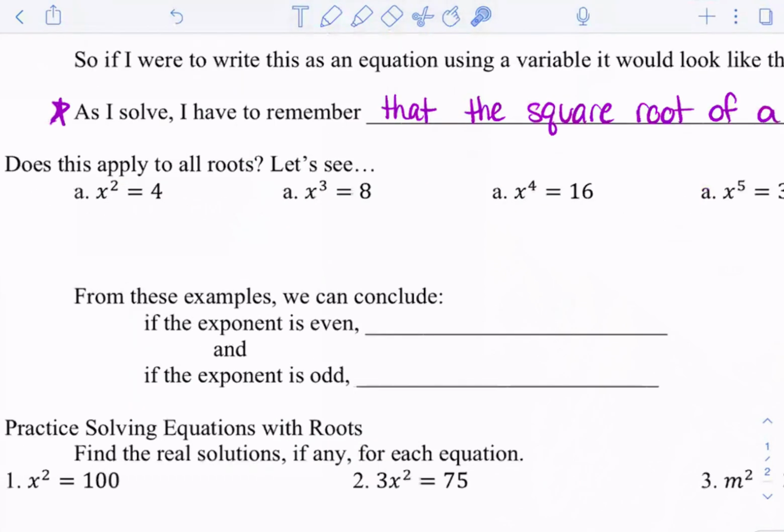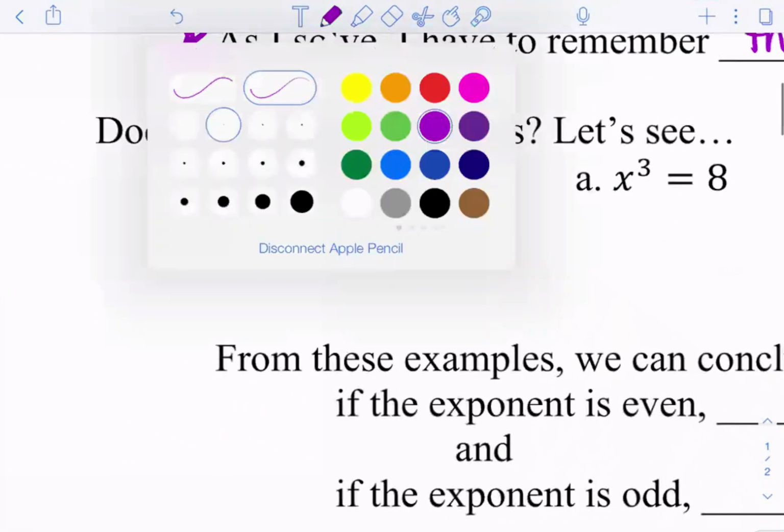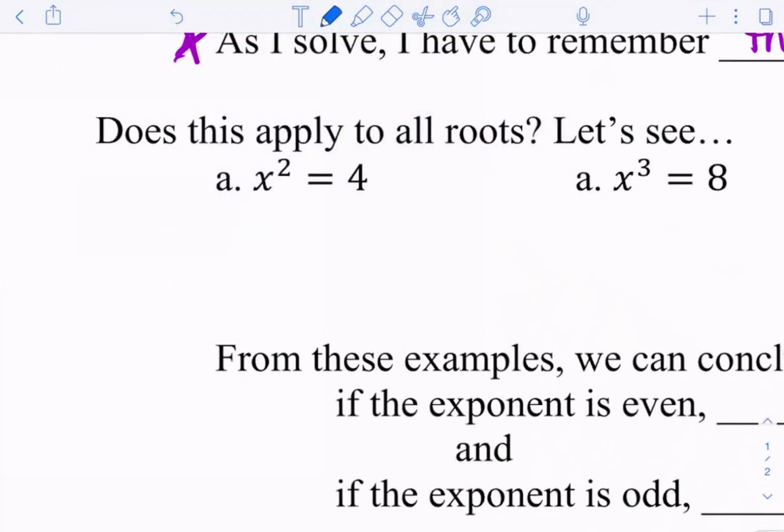So let's see. Let's look at this first example right here. So this is just like the example we have. x squared. How do I get rid of the squared? So if I have x squared, I have to square root. So I get x equals, now remember, the square root of 4.